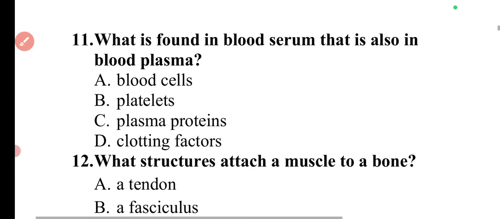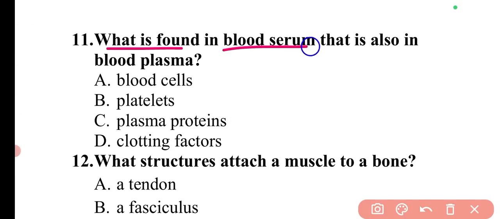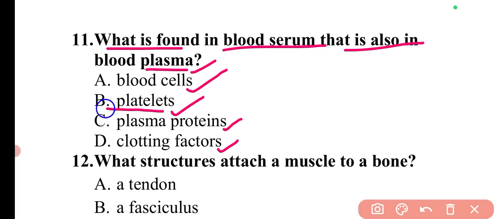Next question is, what is found in blood serum that is also in blood plasma? So options are blood cells, platelets, plasma protein, or clotting factors. The correct answer is option number C, plasma proteins.